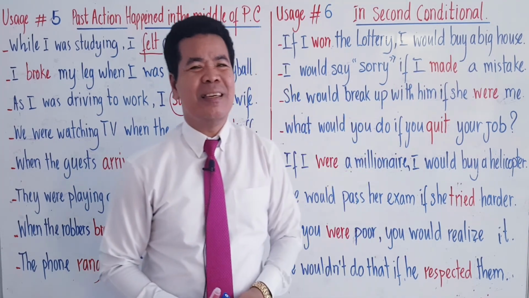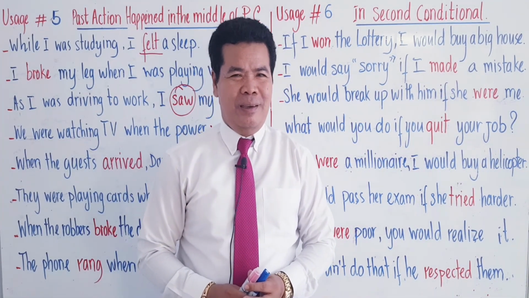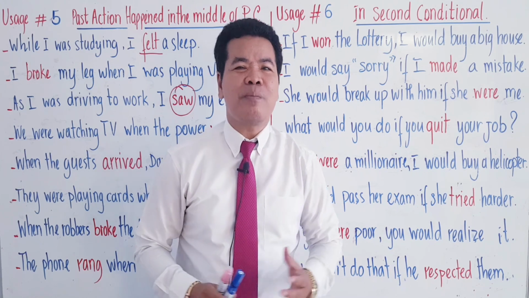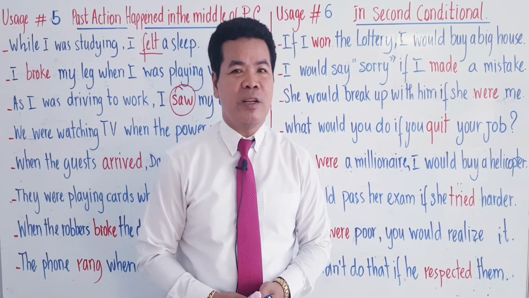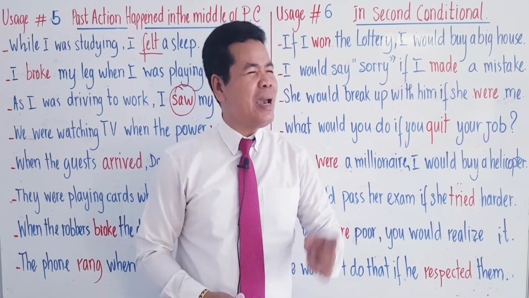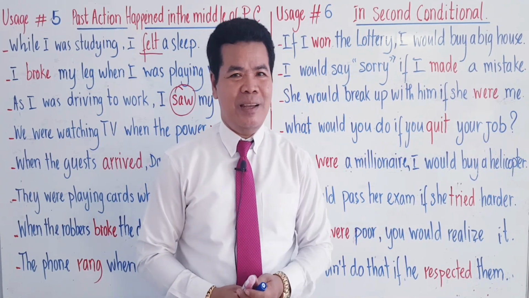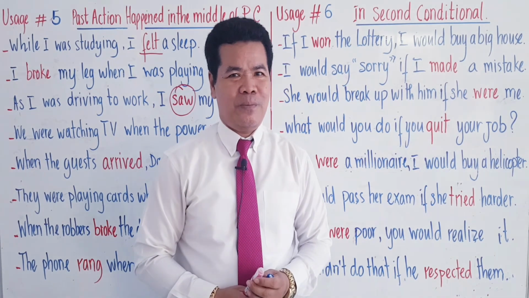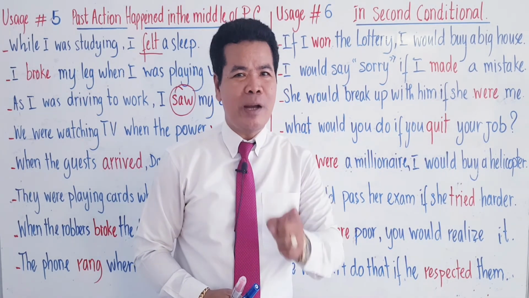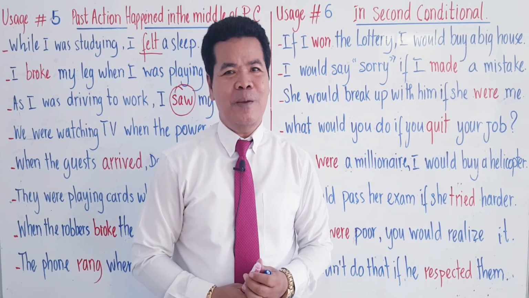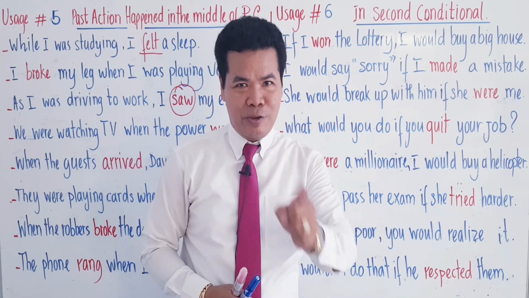This is just imaginary. It is not likely that you won the lottery. 99% you lost it. The meaning is like that. But only 1%, if you are one of the luckiest men, you won the lottery.